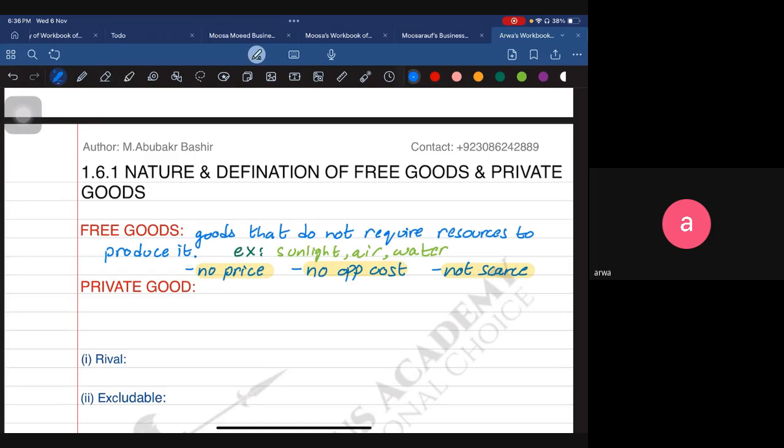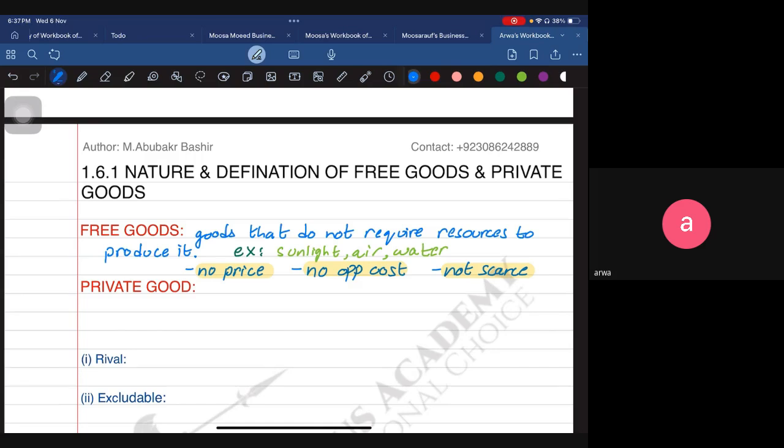Because of that, they will have to make choices about the allocation of the resources. So there will be opportunity costs, and over time, the resources can run out. The resources are not infinite, they're finite, so they will end.